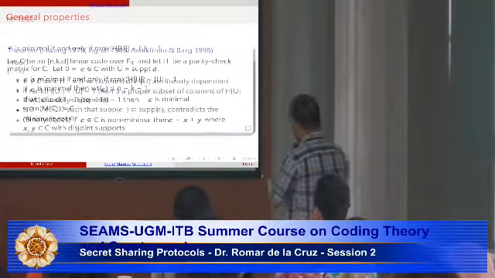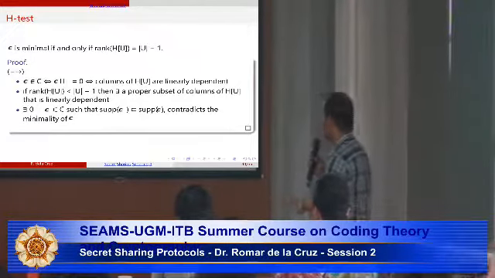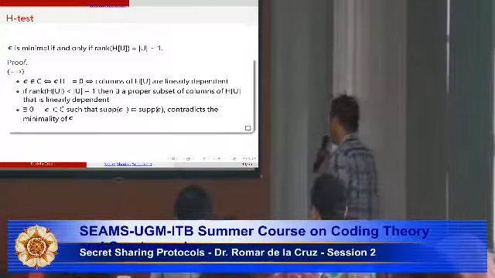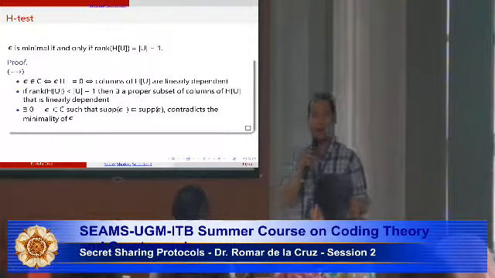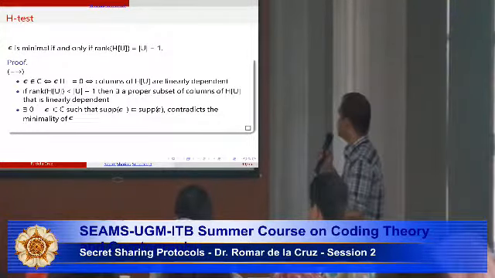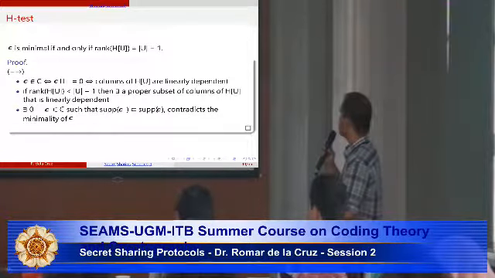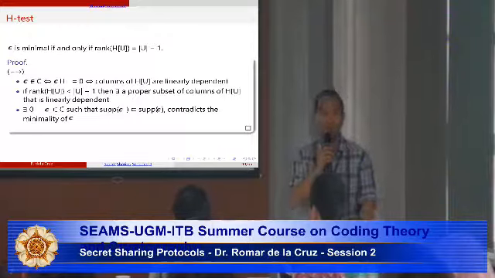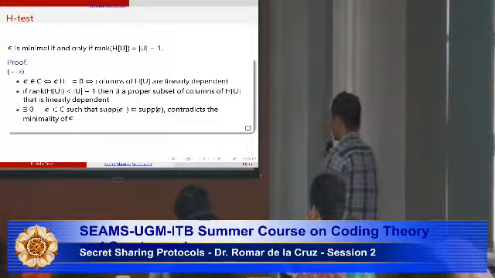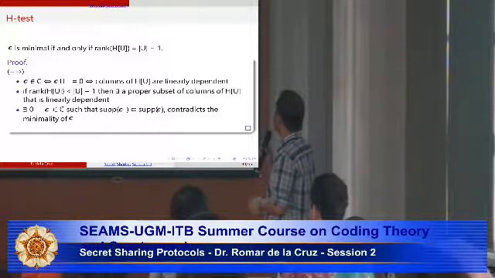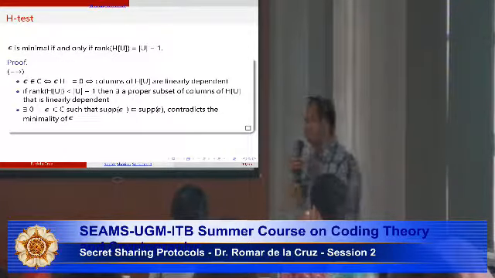So let's look at the proof of the first property. Sometimes this is called the H test, or parity check matrix test. C is minimal if and only if the rank of this matrix is the size of U minus 1. Let's look at one direction of the proof. We assume that C is minimal.